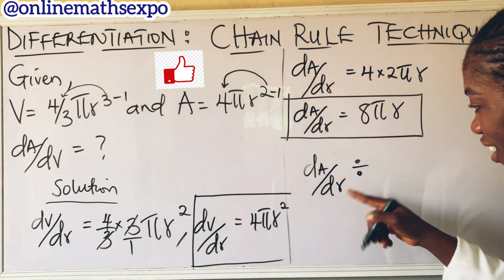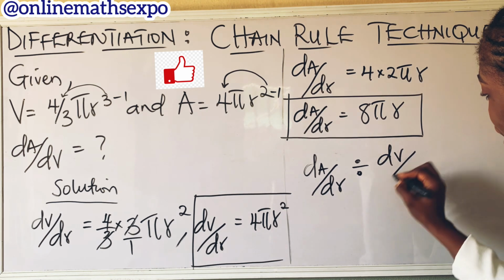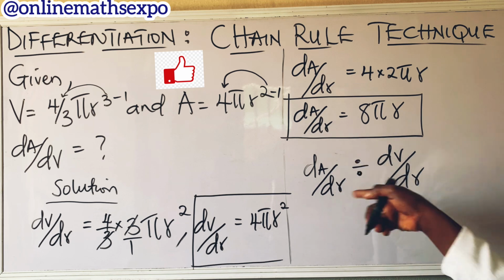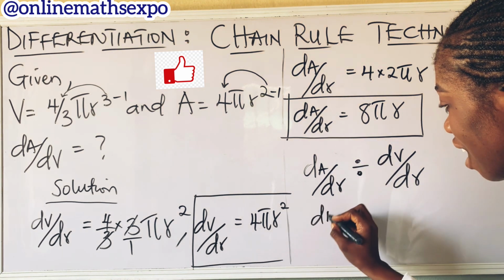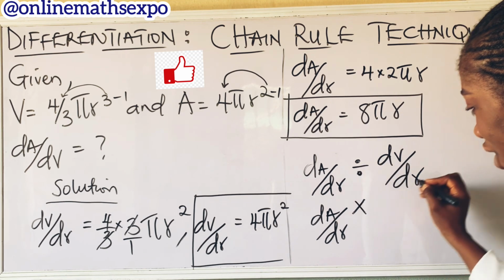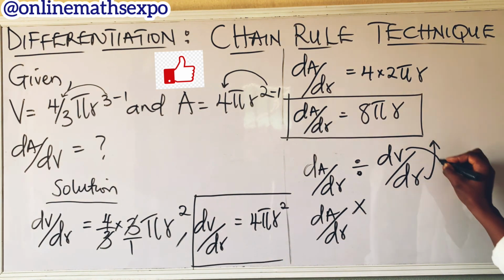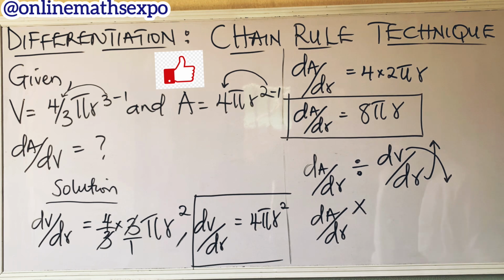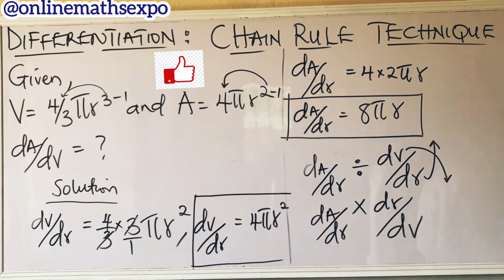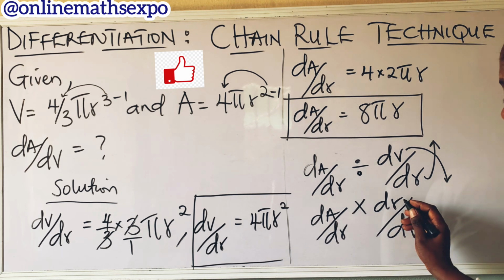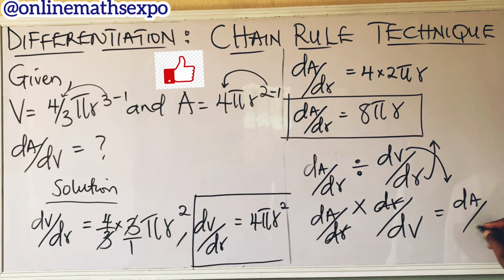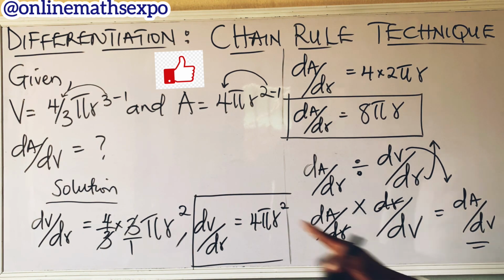So if you divide this, you are going to have the V, the R. Simplifying it to give us the A, the R, this will turn to multiplication and this will be reversed so that this comes down. So you are going to have the R, the V, so that if you cancel the R and the R, it will return you to the A, the V. I hope you see it.